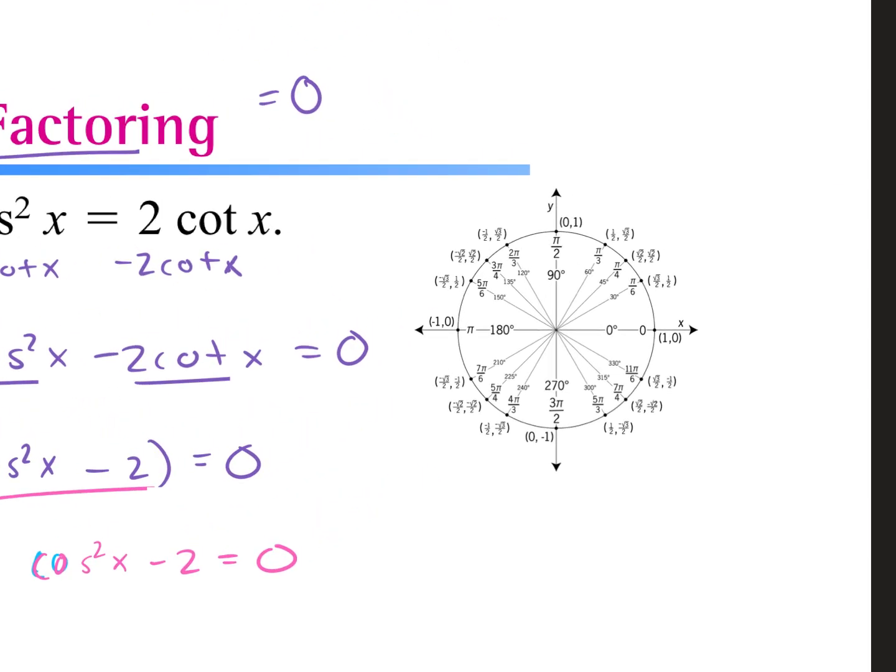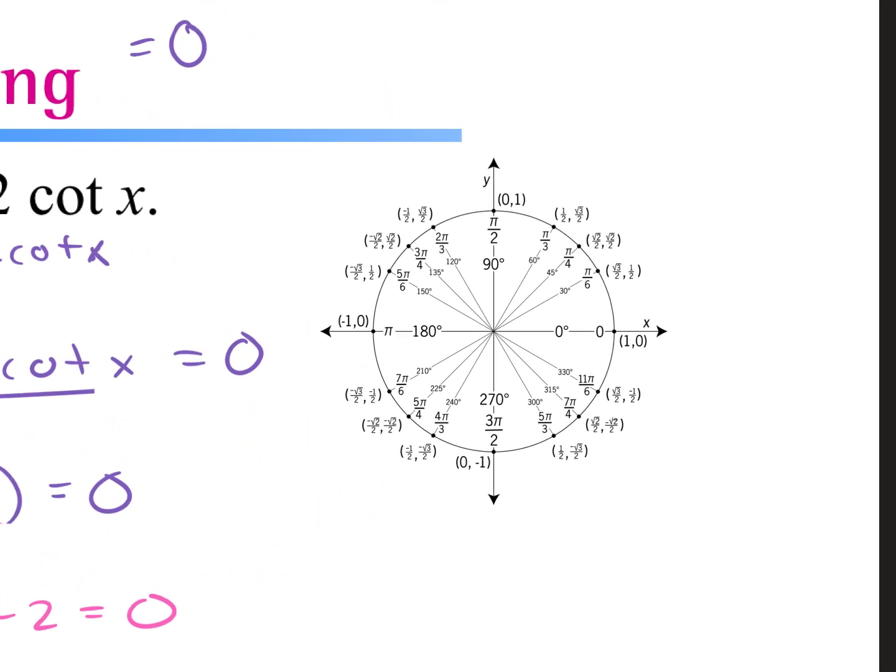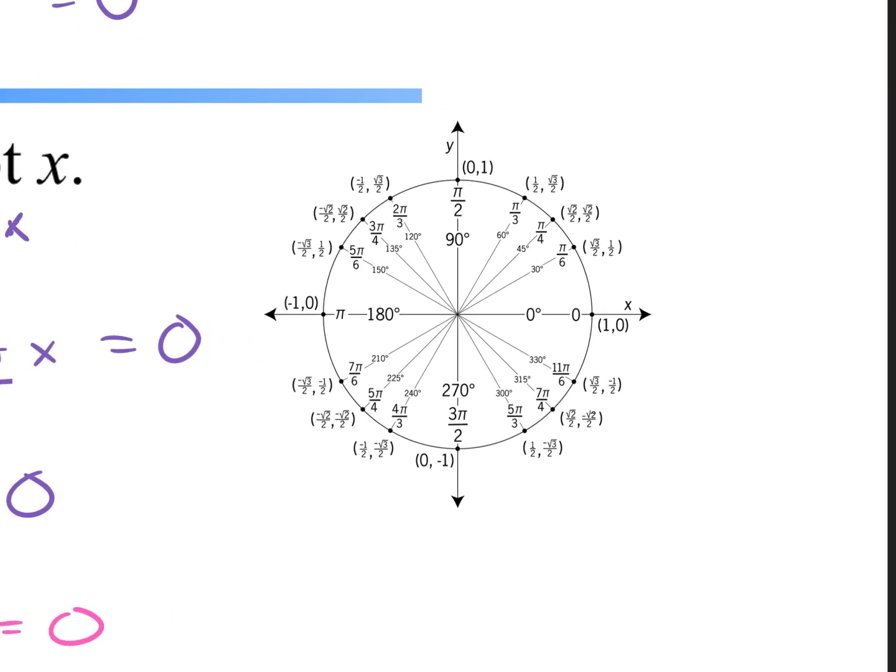So which points do you think I'm going to have to look at on my unit circle? I need to look at 0, 90, 180, and 270 because those are going to be the ones that give me 0. So I need to figure out where x over y is 0.